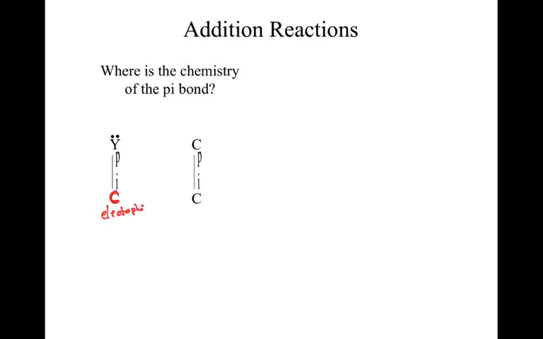Which then means if I'm going to do a reaction, I need to react it with a nucleophile. But as I'm reacting it with a nucleophile, the pi bond must break, so I'm also doing an addition reaction.